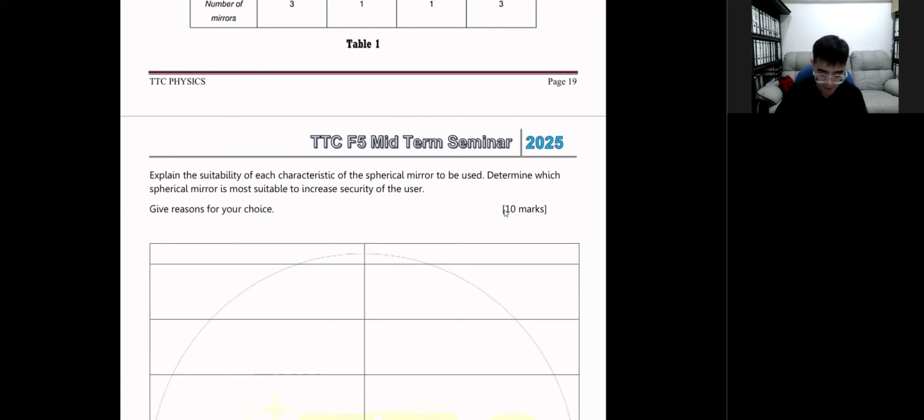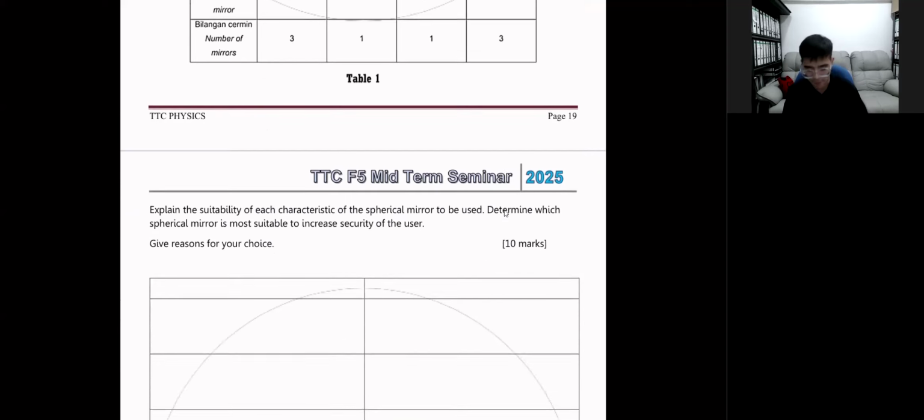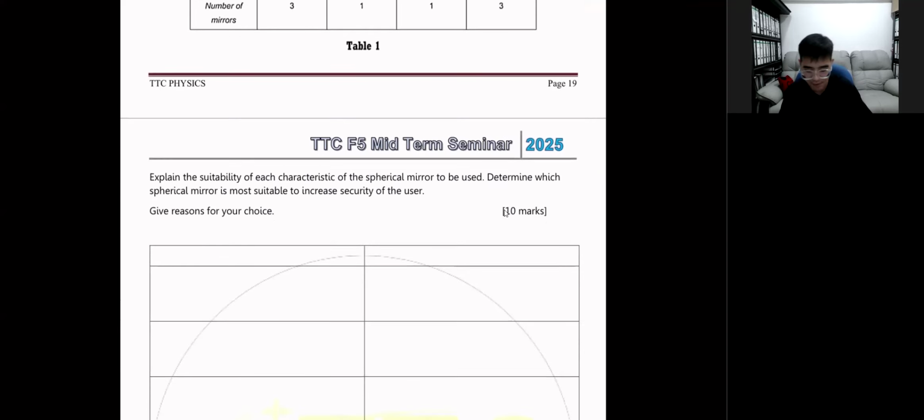Determine which spherical mirror is most suitable to increase the security of the user. So first one, what type of mirror should we use for security mirror? Is it the convex mirror or the concave mirror? Exactly, convex mirror again, because the whole question is about convex mirror.